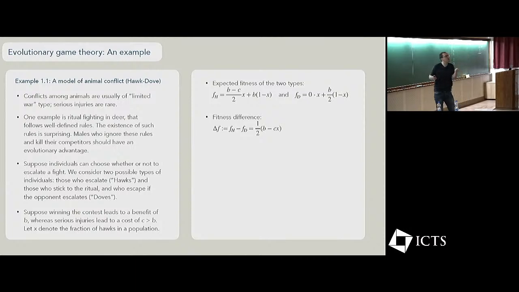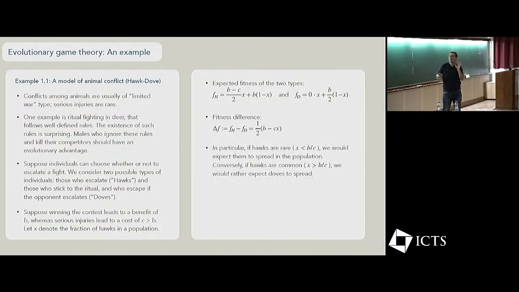So doves would have a higher fitness. So what you would expect to happen, very hand-waving, is that if X is very small, hawks would invade, and if X is very large, doves would invade. So you would actually expect some dynamics like this.